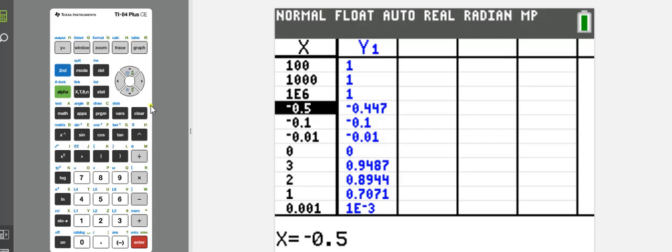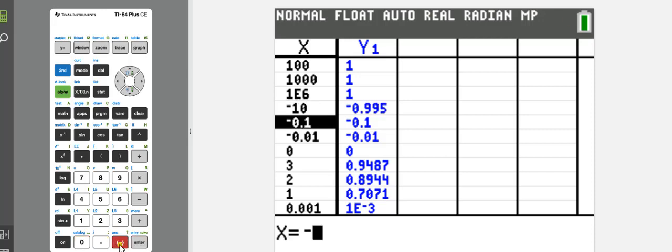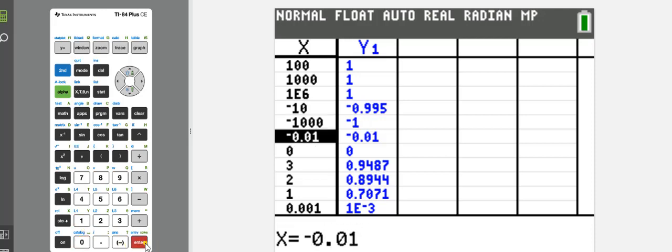What about negative infinity? Let's put negative 10. You get negative 0.995. What about negative 1,000? You get negative 1. What about negative 1 million? You get negative 1.